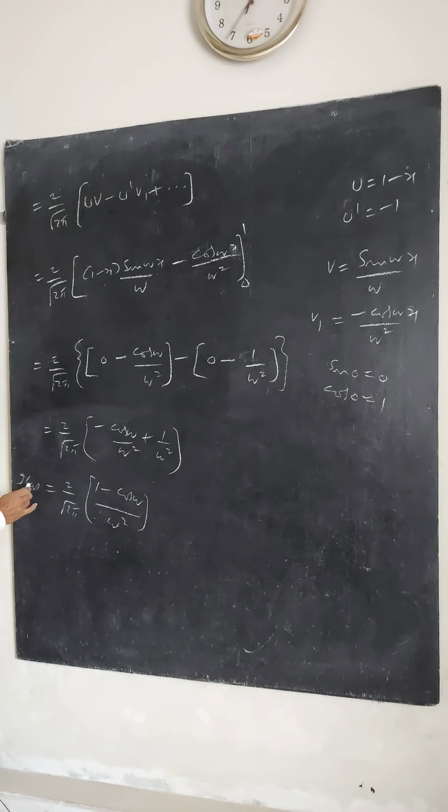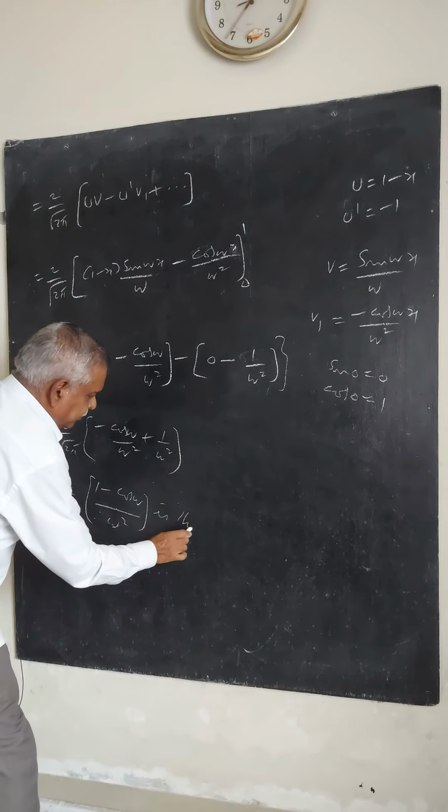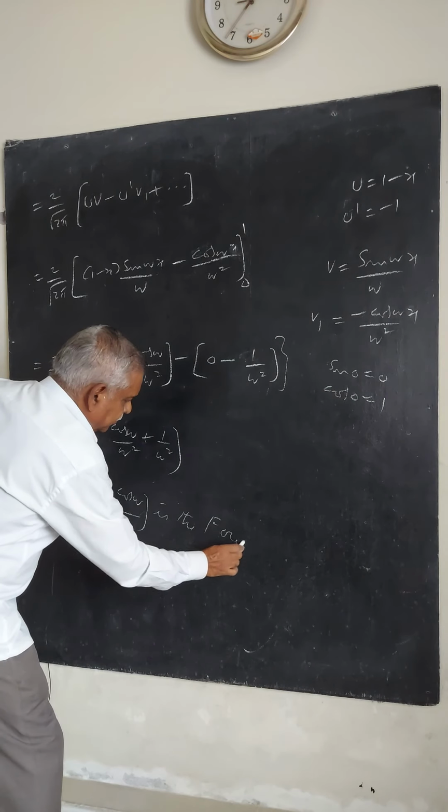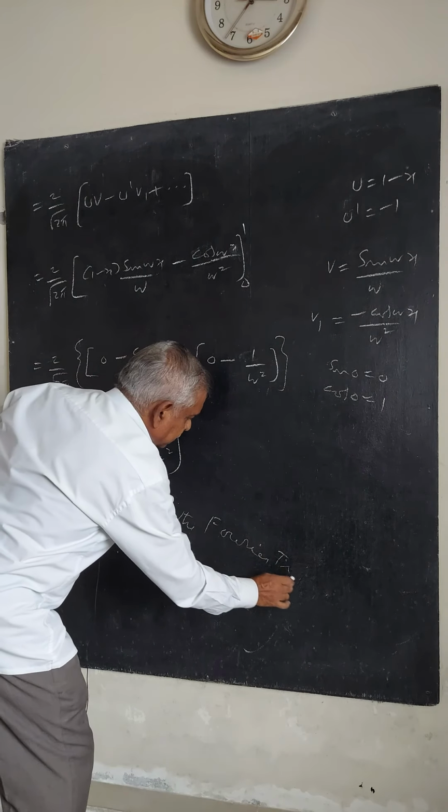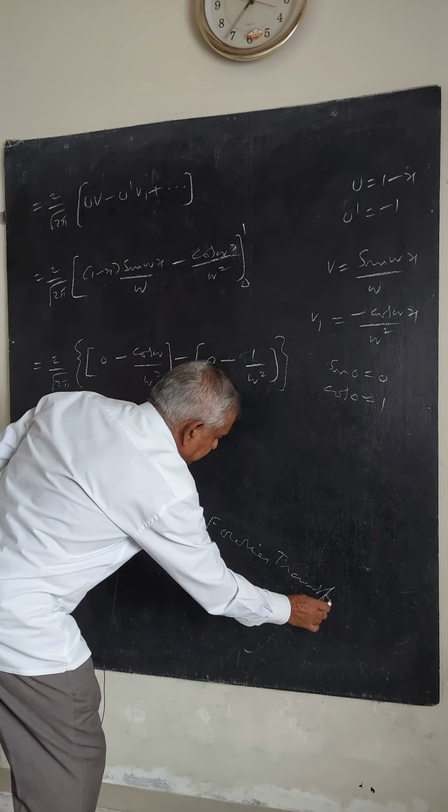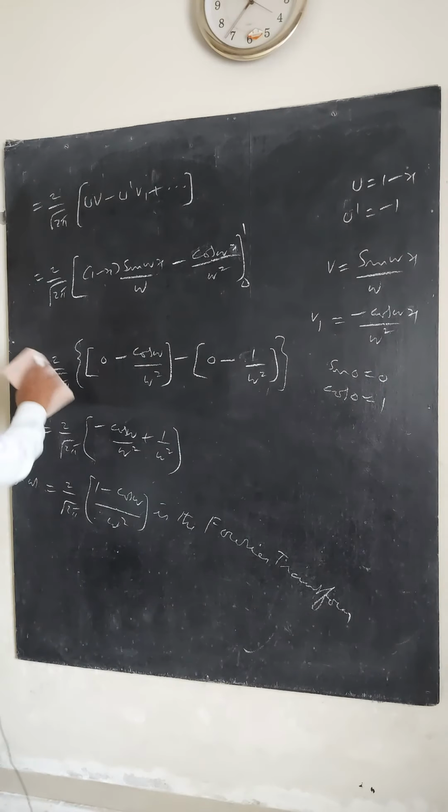This is g of omega, the Fourier transform.